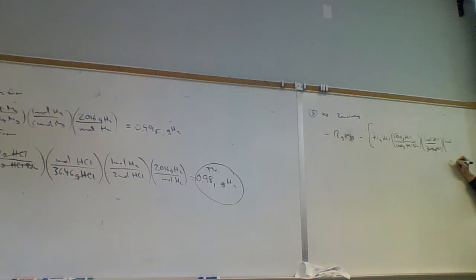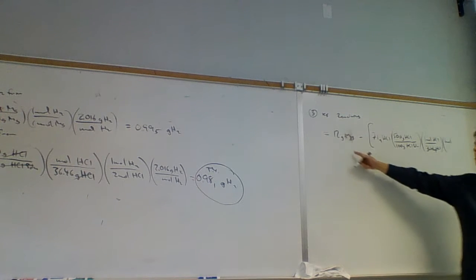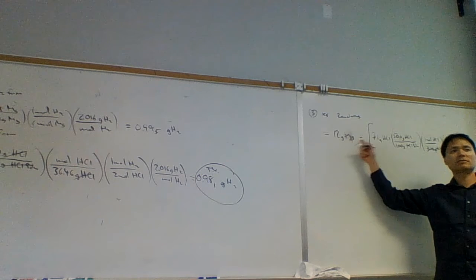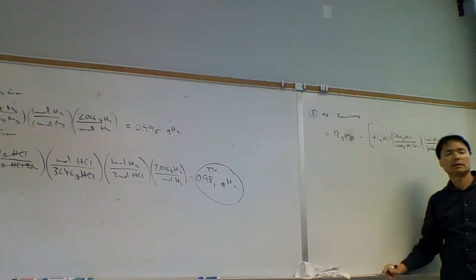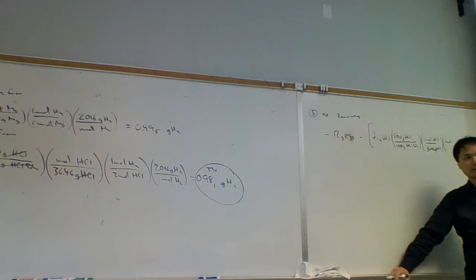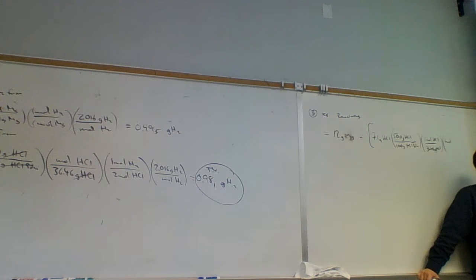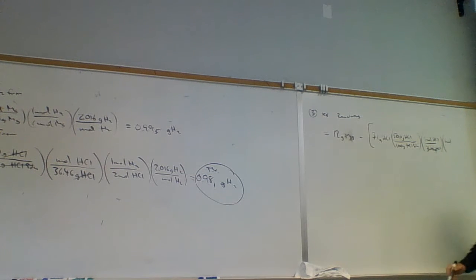At this point, it's not necessary to go to hydrogen and then magnesium. We could go straight from HCl to magnesium, because this is 12 grams of magnesium. We need grams of magnesium here, not grams of hydrogen. So 1 mole of magnesium, 2 moles of HCl.